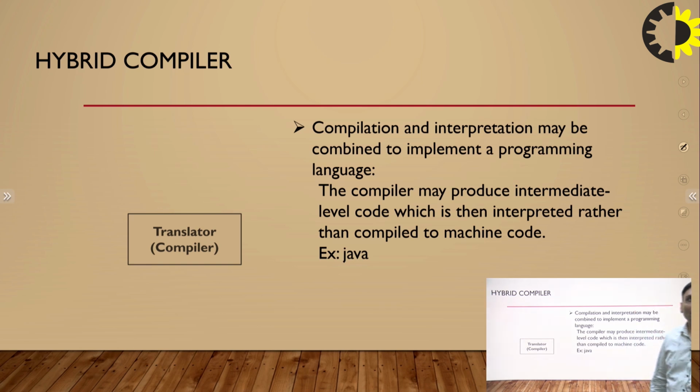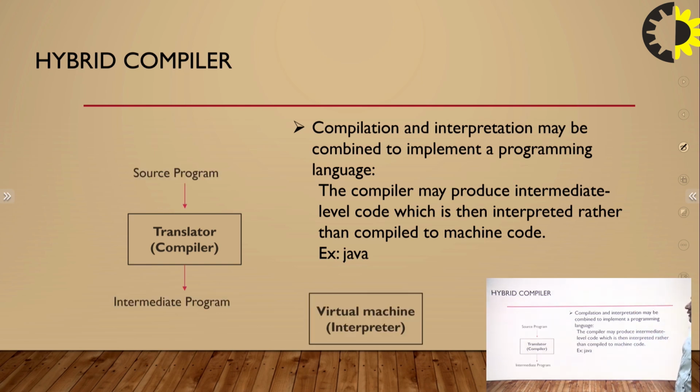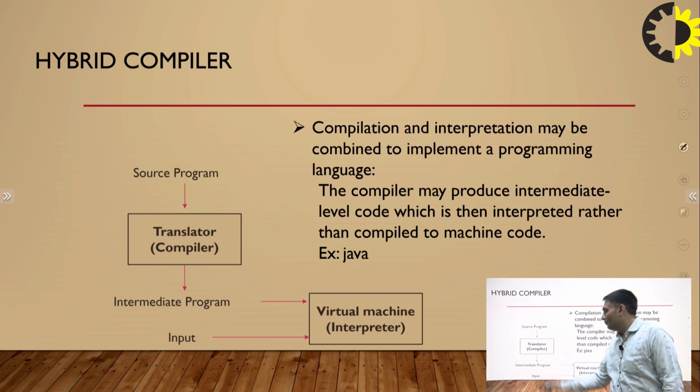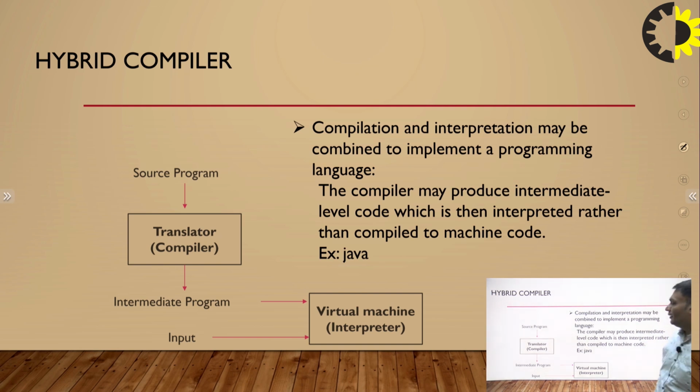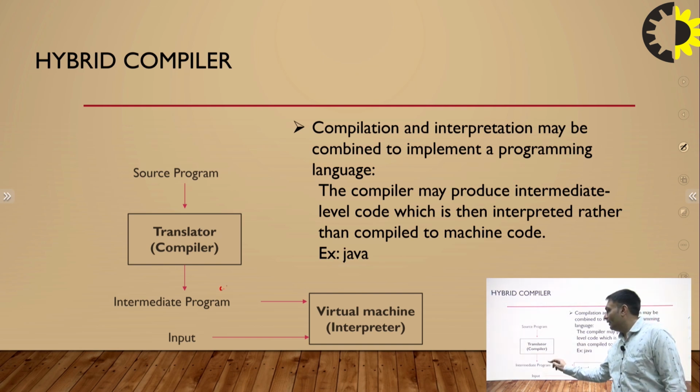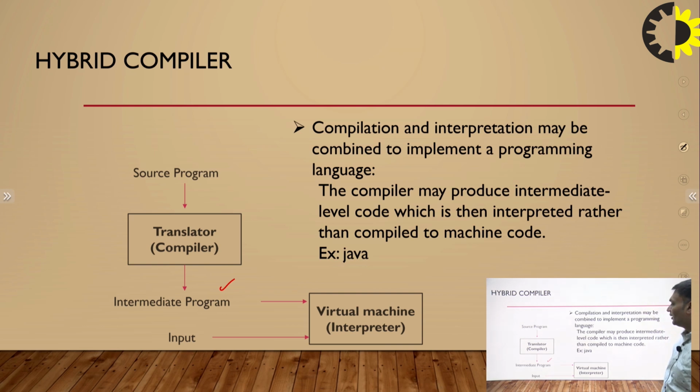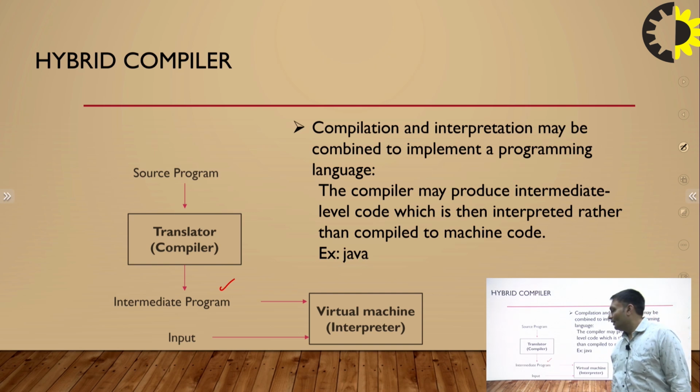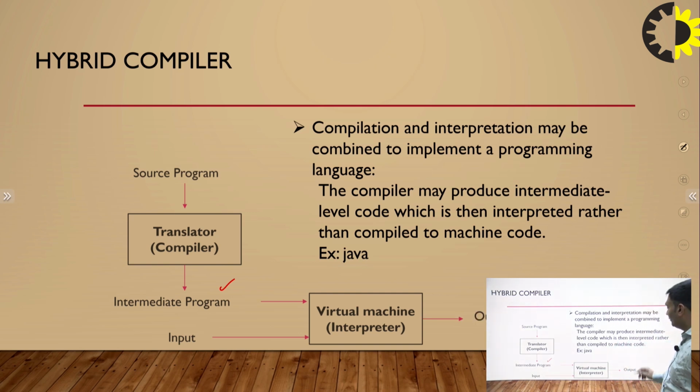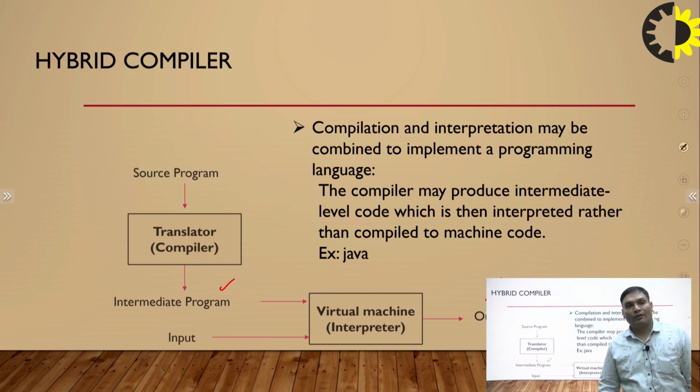So, let us see how it works. The source program is given to the compiler, and then the compiler generates its intermediate program, and this intermediate program is further given to the virtual machine that's called the JVM, Java Virtual Machine, that takes this intermediate program as an input and produces the object code or output, that is the actual required code.